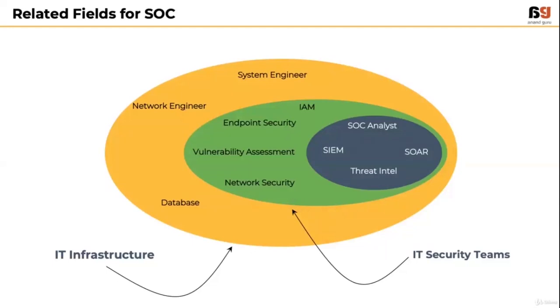Upon having ideas of SIEM, SOAR and threat intel, you should also know how to interface with the IAM, the endpoint, the vulnerability guys, and the network security. At least you should still have ideas of database and network engineers. And having ideas does not mean you have to be an expert in them. You should just have basic knowledge of what these guys are doing, so you will not be totally lost, and you will know how to interface while working with them.